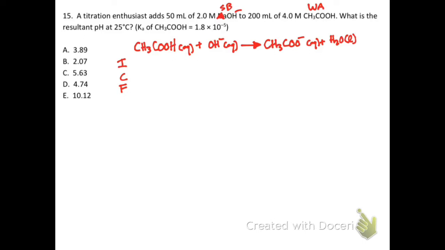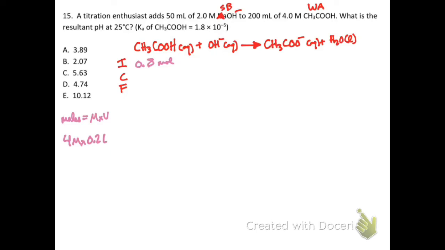Remember, ICF tables use moles. So we need to use the relationship that moles are equal to molarity times volume in liters. So using this information for our acetic acid, it is 4 molar times 0.2 liters, which ends up giving us 0.8 mole of acetic acid.